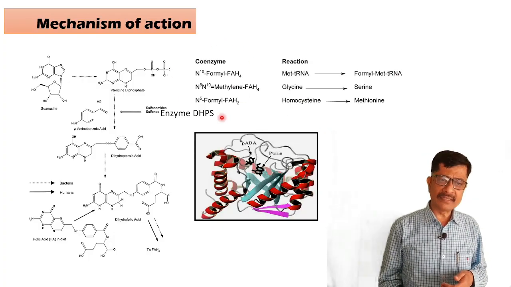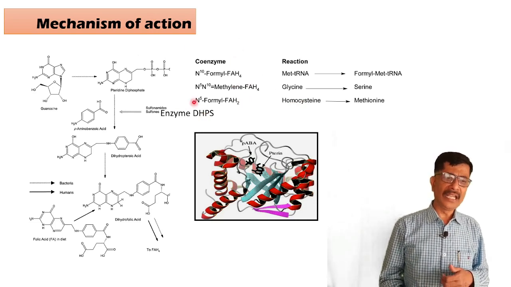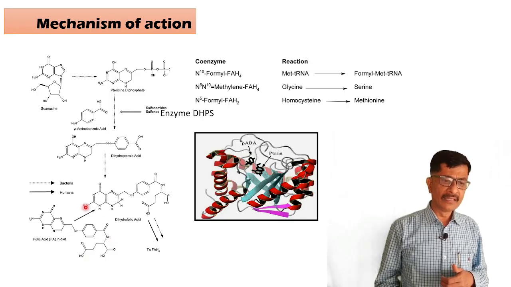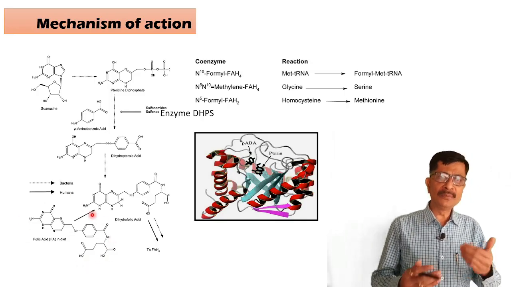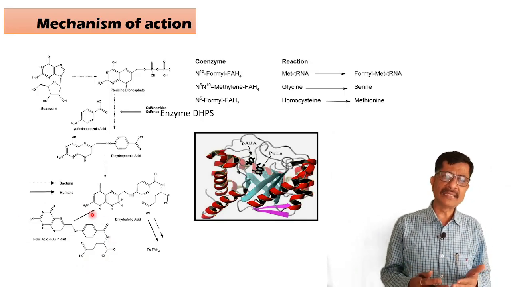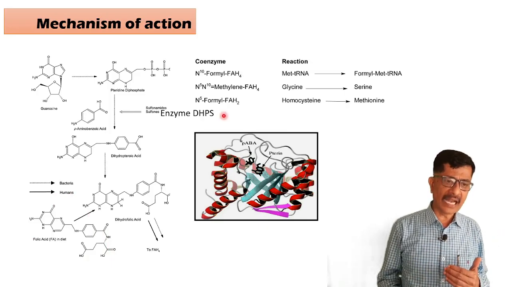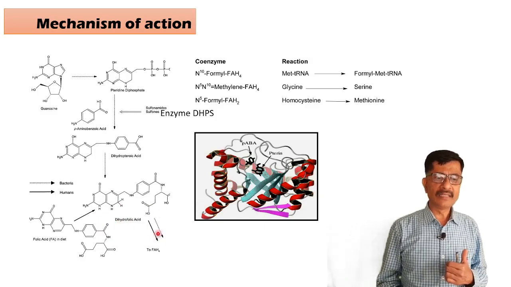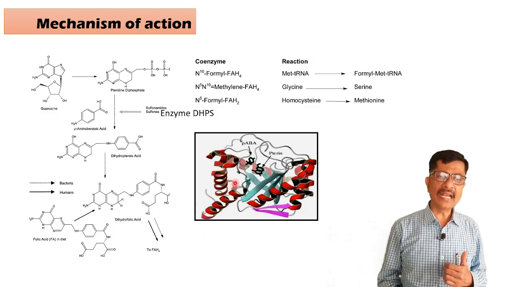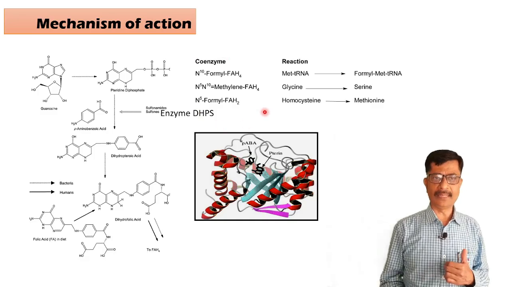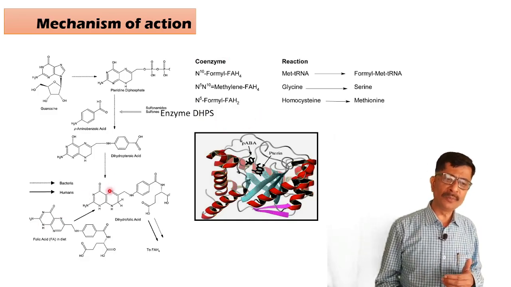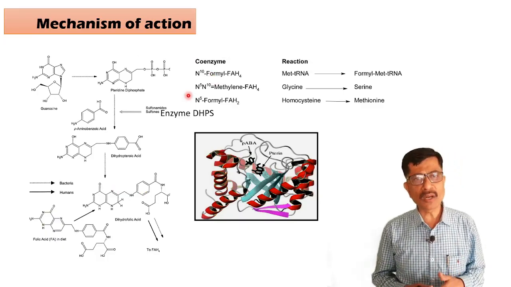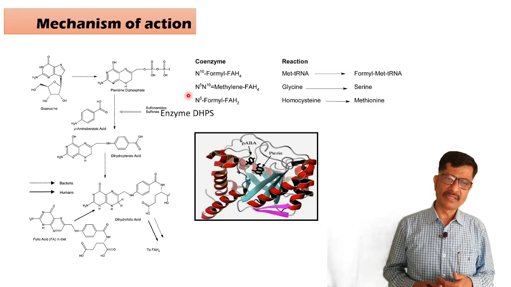These folate coenzymes are synthesized in humans from folic acid. Humans receive folic acid from their diet, and this folic acid is converted to dihydrofolic acid, then tetrahydrofolic acid and different folate coenzymes. So this is how folate coenzymes are generated in humans and used for cell multiplication.